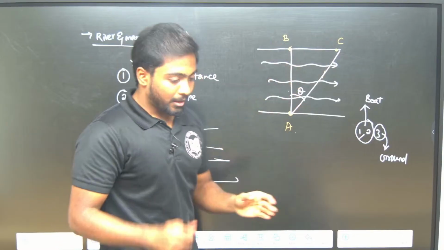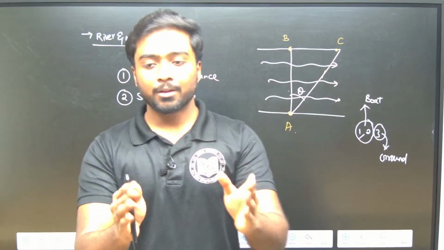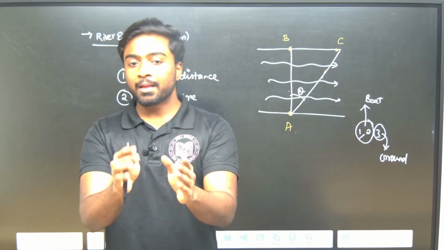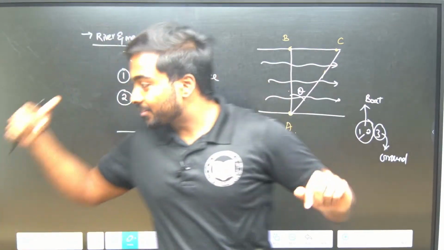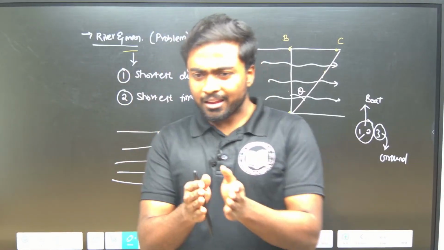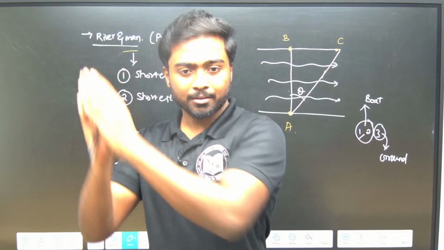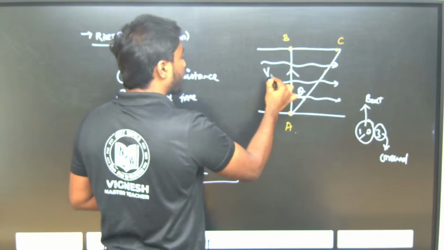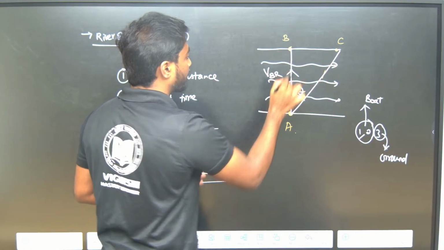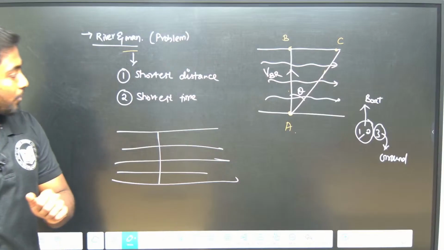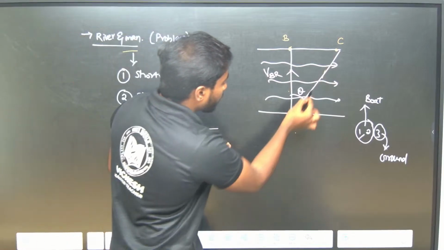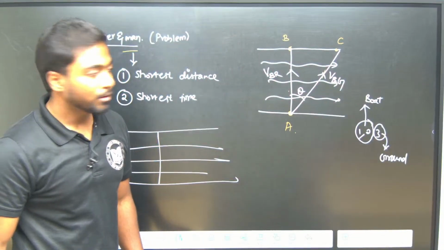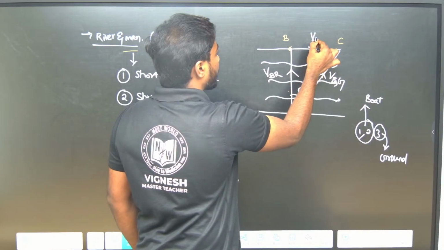I am traveling in the boat, so I think I am going in a straight manner, right? But when the person standing beside me watches, he thinks I am going somewhere like this, at some angle, right? Now this is the velocity of boat with respect to ground, and this is my velocity of river with respect to ground.